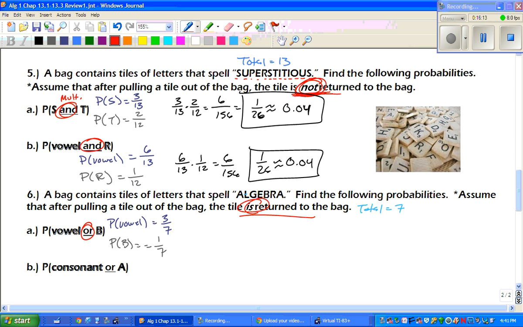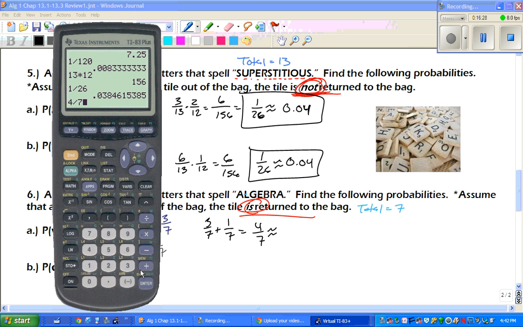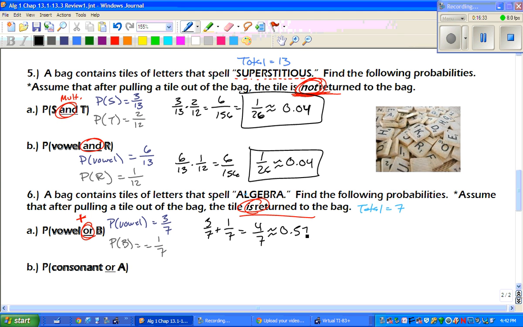And now the key word right here is or, which means we need to add those up. So 3 out of 7 plus 1 out of 7 equals 4 out of 7. And can we reduce that? Nope. And 4 divided by 7 gives us a grand total of 0.57.